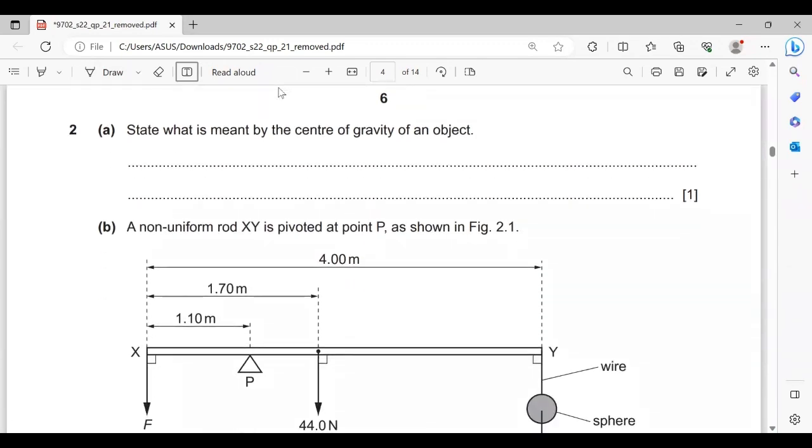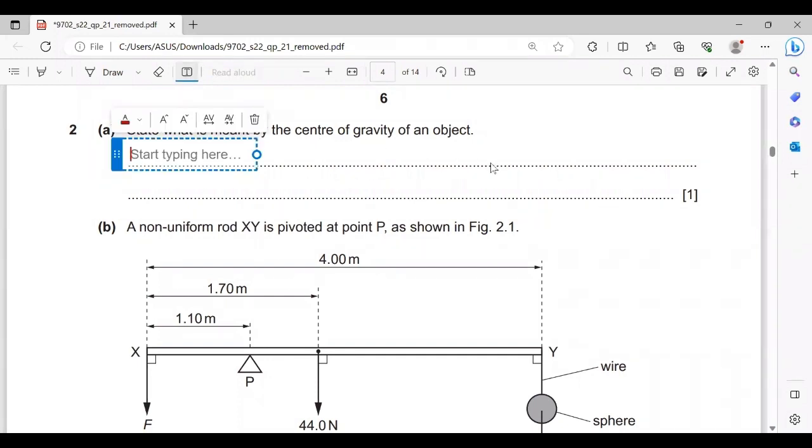Next, number 2, state what is meant by the center of gravity of an object. All right, I'm going to answer here.